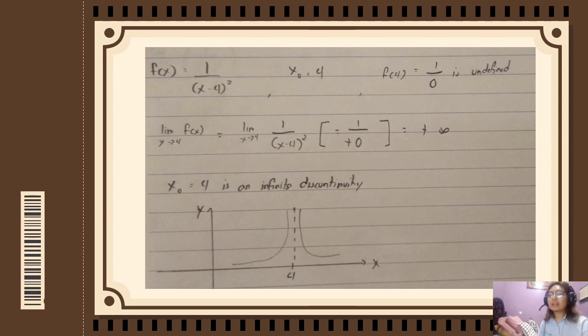Therefore, substituting 4, f of 4 is equal to 1 over 0, because 4 minus 4 is equal to 0. Even if we multiply it, 0 times 0 is still 0. So it is undefined.